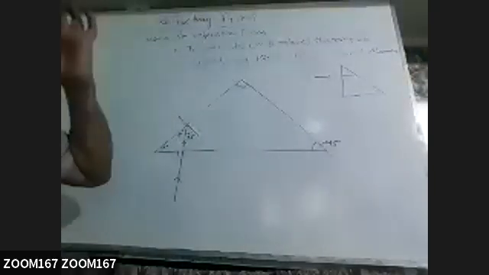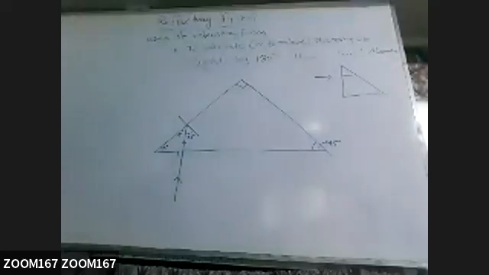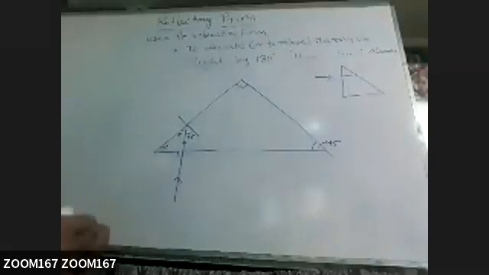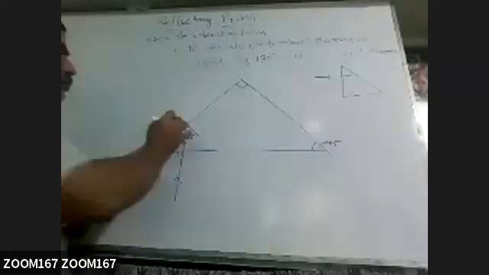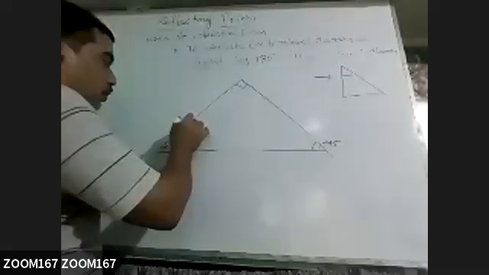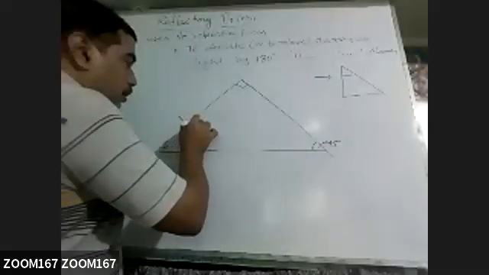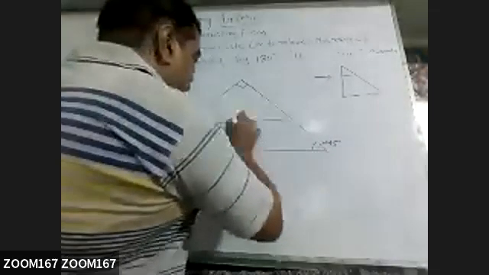As you know, the critical angle is 42 degree. So this angle of incidence becomes more than the critical angle. So total internal reflection will take place. So the ray will reflect in this way.